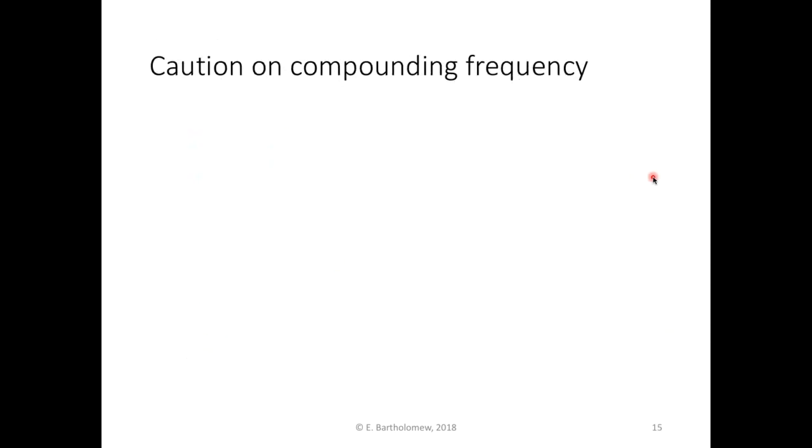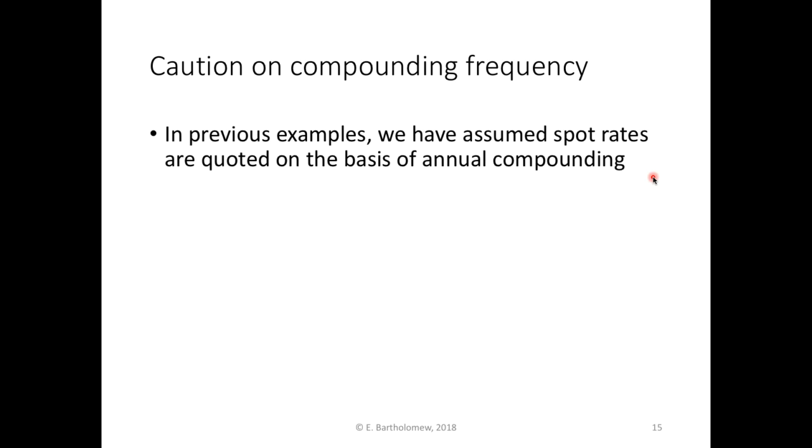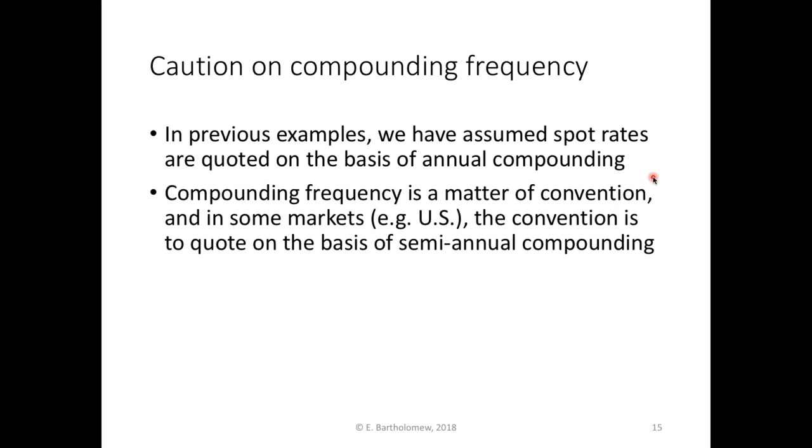Now, I should give a caution here on compounding frequency. We've been assuming in everything we've done in this tutorial that rates are being compounded annually. And that's very nice. It makes the math and the algebra much less tedious. You avoid the extra complication of compounding frequency. But it's worth noting that that isn't always the case.